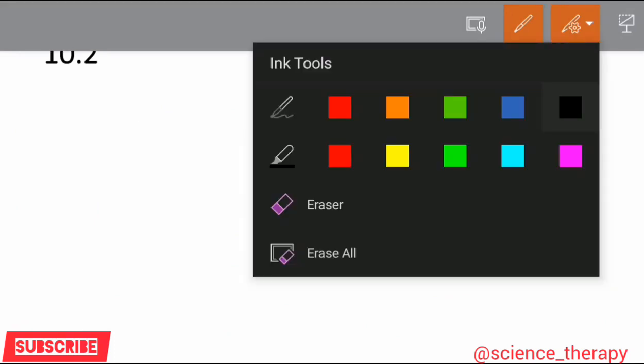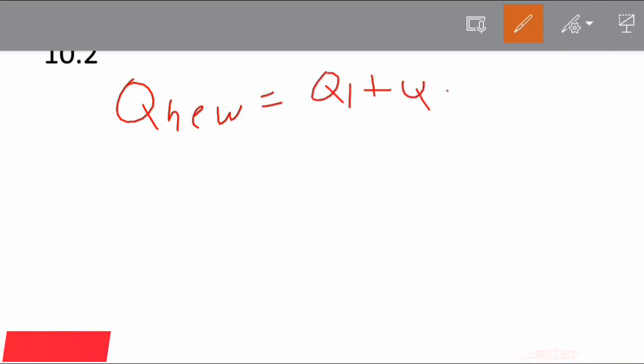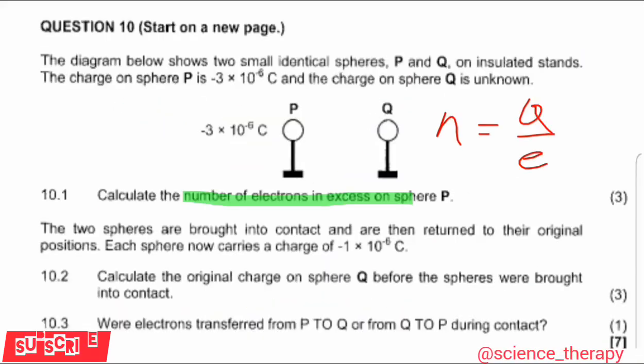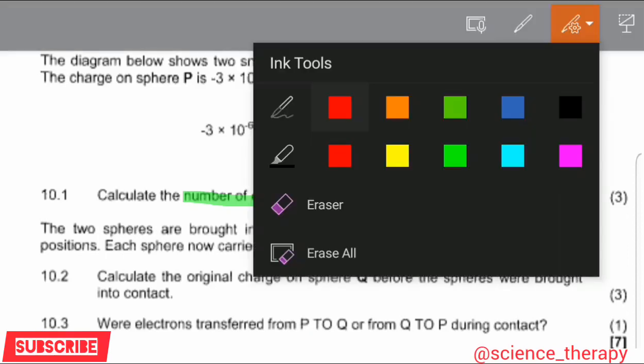You will remember that for that one we use Q new is equal to Q1 plus Q2 over 2. But with this question you will realize that we are already given the Q new, right?